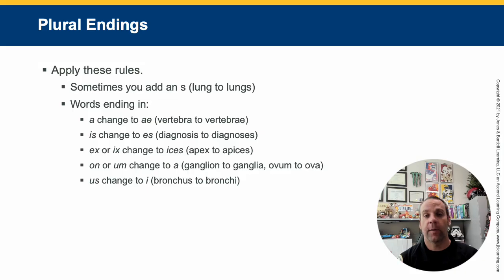Words that end in ON or UM become A. So ganglion becomes ganglia. Ovum becomes ova. If the word ends in US, you're going to change it to I. So bronchus becomes bronchi.